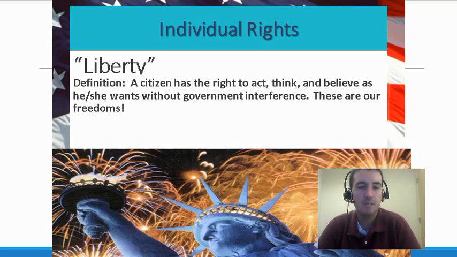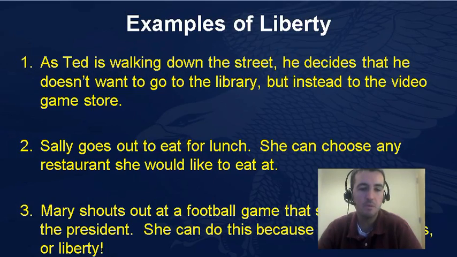You can't go against someone else's right to act, think, and believe as he or she sees fit, because then that violates someone else's liberty. So we do have laws that kind of restrict liberty a little bit, but we're going to talk about that more as well.